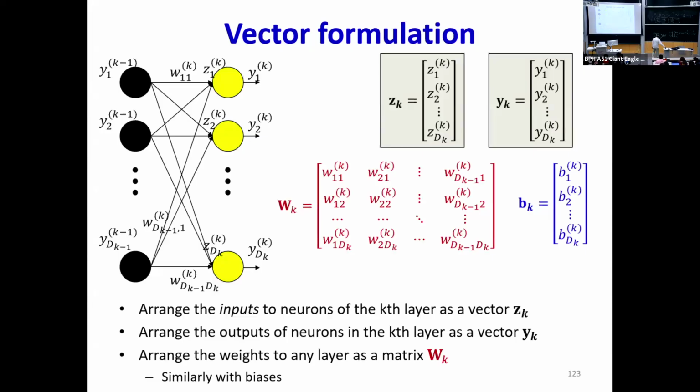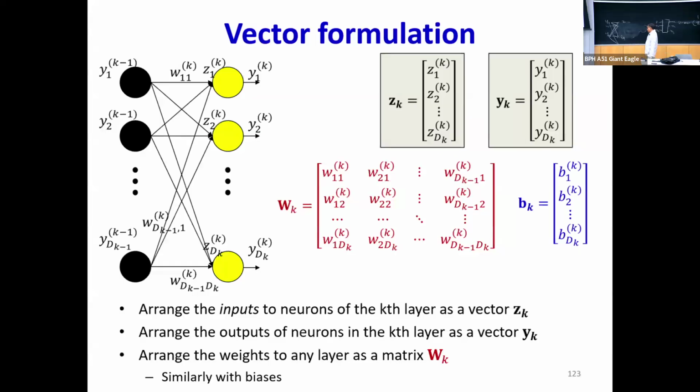So here I have a bunch of y's, y1 through yn, and these are used to compute a bunch of z's, let's say z1 through zm. So you can have more neurons in the next layer, right?